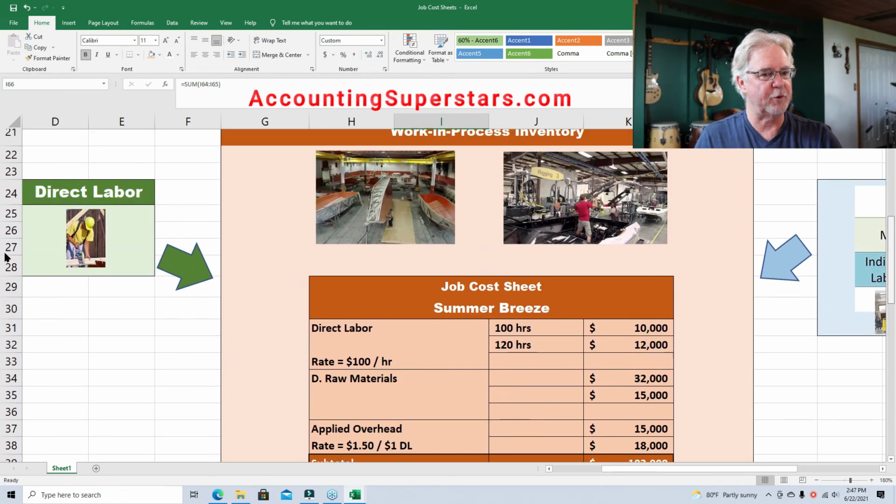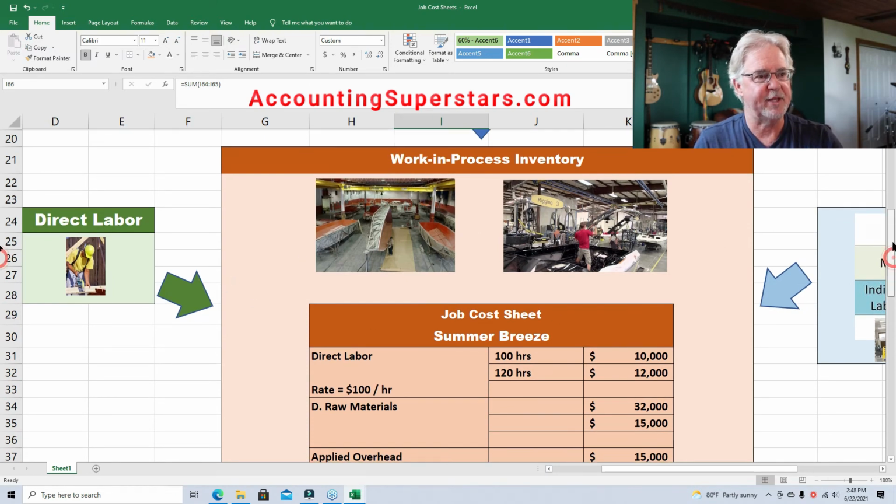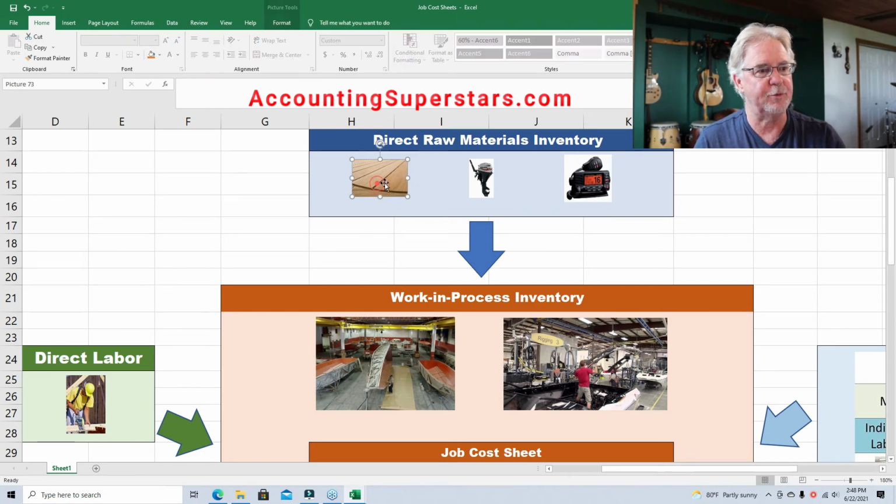But one thing before we go, I want to just remind everybody that work in process, it truly is the place where everything comes together. Raw materials is put into work in process as the direct raw materials are requisitioned, like teak wood and motors and marine radios. And direct labor, those are the people that actually build the boats, like this guy in the red t-shirt.